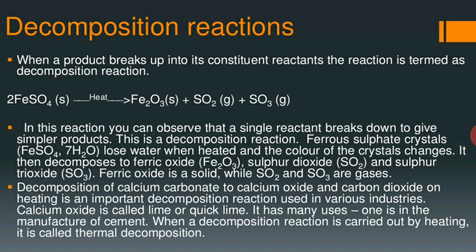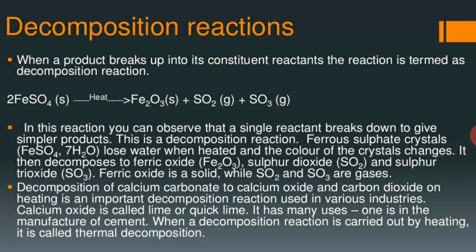Ferrous sulfate crystals, first when you heat these crystals, they lose the water of crystallization. When you heat further, what happens? They split into ferric oxide, sulfur dioxide, and sulfur trioxide. So, decomposition of calcium carbonate.